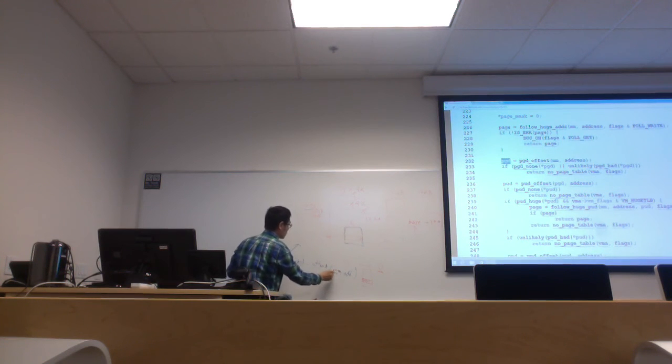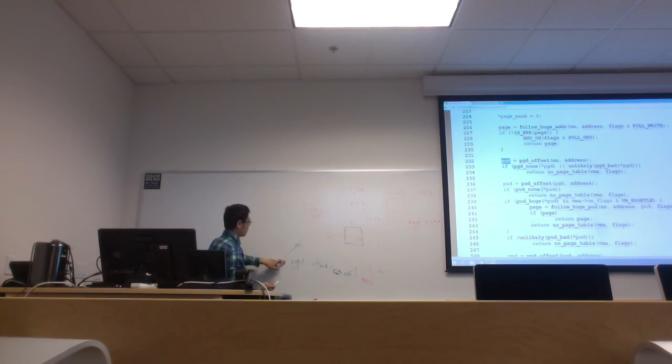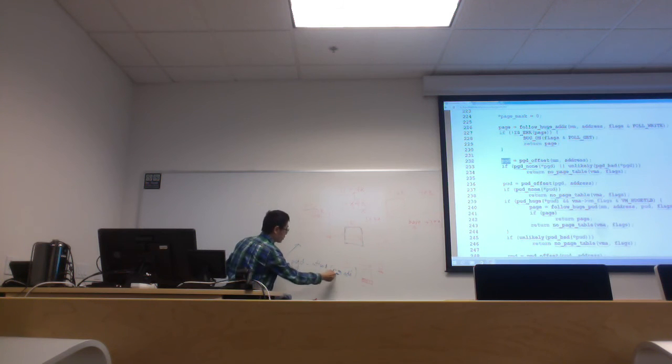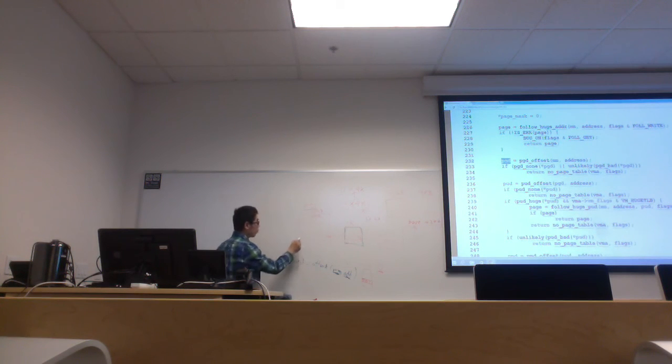The mm struct denotes where you can find the page global directory, because each individual process contains an individual process address space. Each individual process has a different page global directory. So this gives you where to find it, and this address tells you which entry you are going to find. So PGD offset gives you a PGD entry.